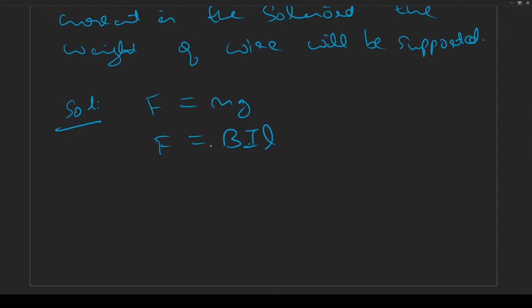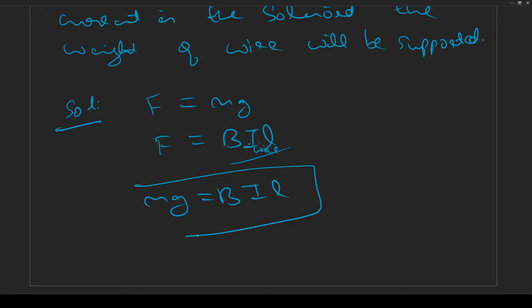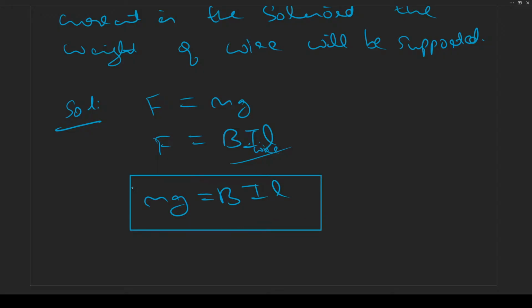The force experienced by a conductor is BIL or LIB. Here both should be equal, where mg equals BIL. This current is of the wire, the small wire, and length is also of the wire.